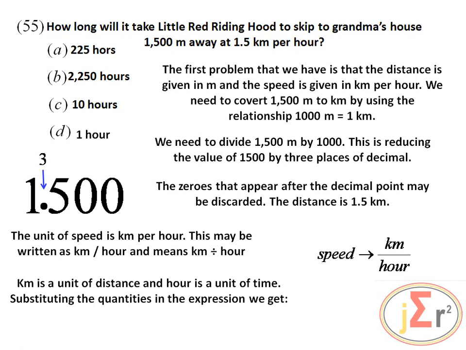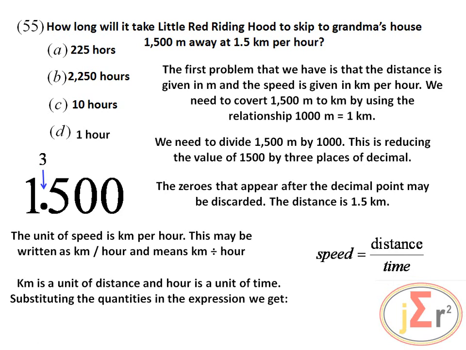Substituting the quantities in the expression, we get the speed is equal to distance over time. Okay? So what we have done first is that we have converted the 1,500 meter to kilometer. And we have 1.5 kilometer.